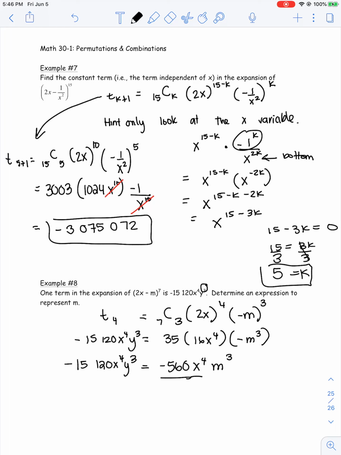Now we're going to divide both sides by the x to the 4 and the negative 560, so we're trying to isolate for m. As you can see, the x values cross each other off. And then in our calculators, we put negative 15,120 divided by negative 560. So we get 27.